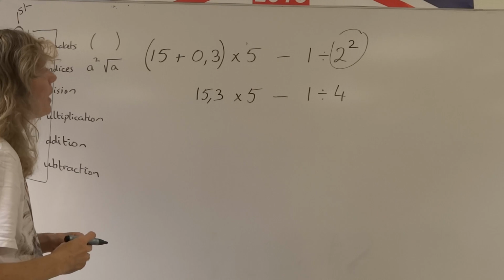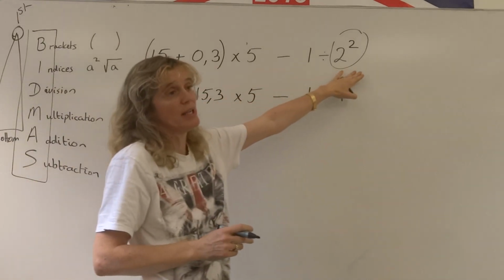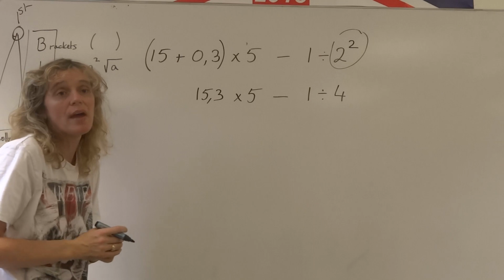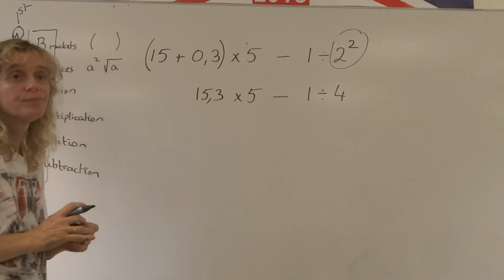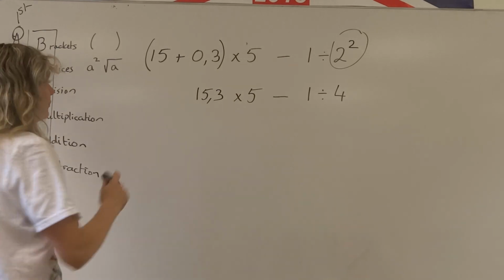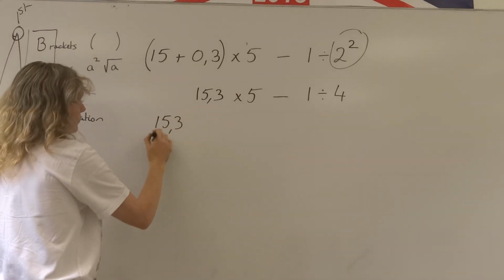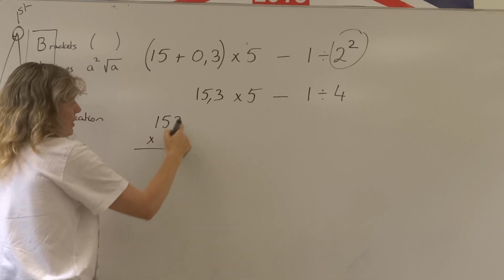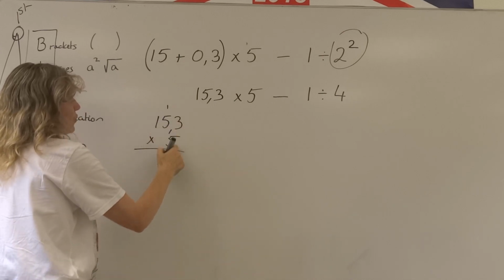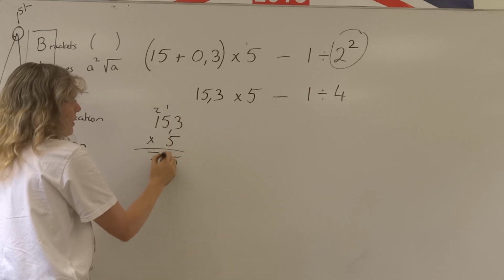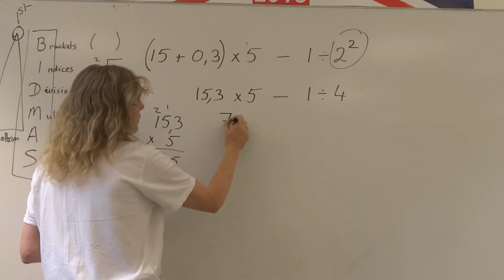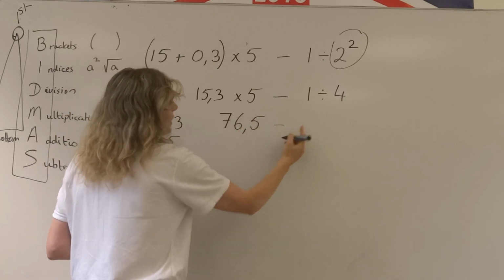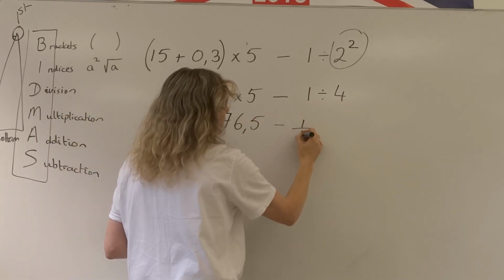So now we've got rid of our brackets and we've got rid of our indices. So now we can go and look whether there is multiplication and division. 15.3 times 5 would be 5 3s 15, 5 5s 25 plus 1, 26, 5 1s 5 plus 2, 7, decimal point, 1 place back. 76.5 minus 1 divided by 4 is a quarter.